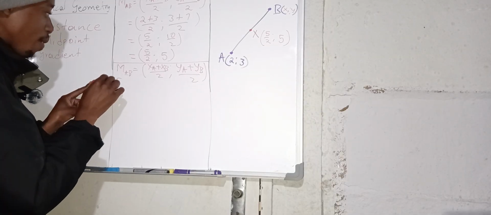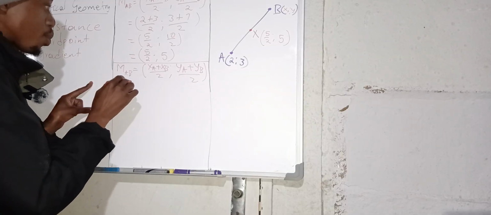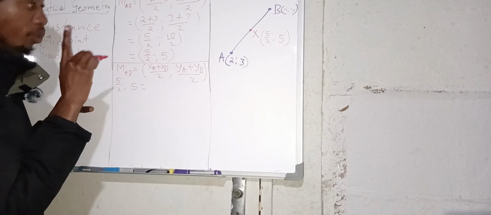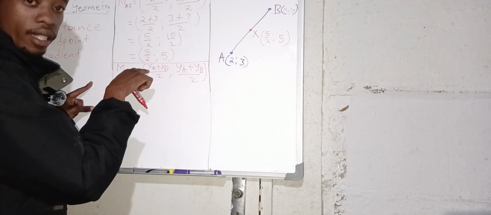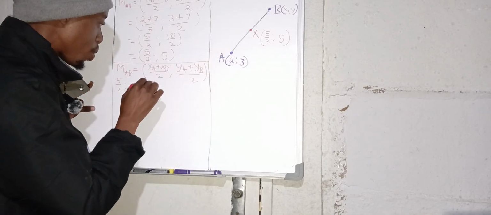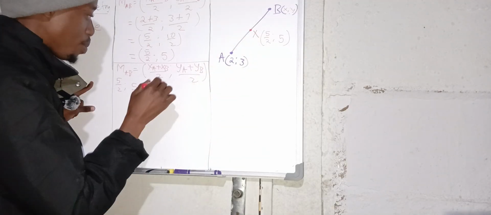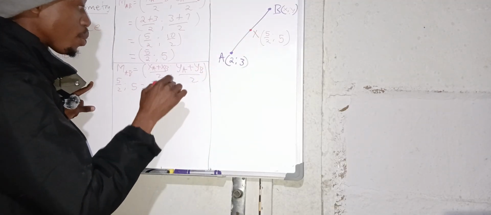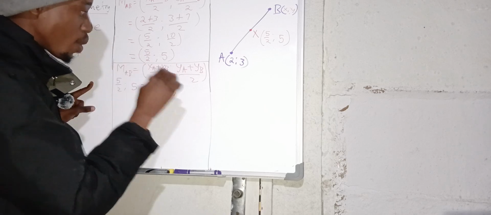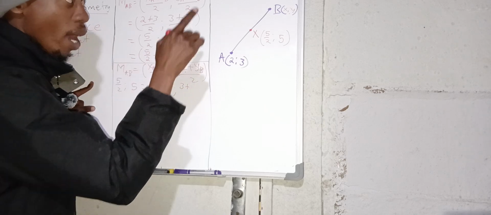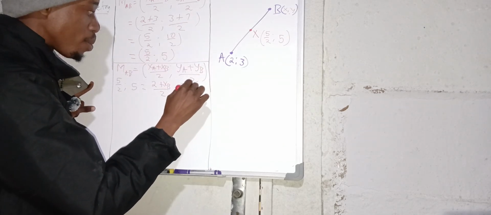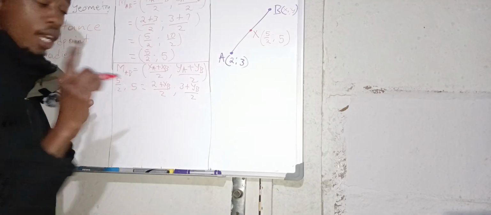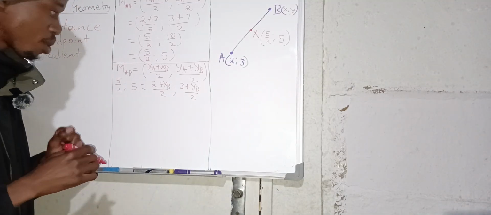So I'm going to write 5 over 2 is to 5 equal to, now we do have XA, which is 2, so I'm going to say 2 plus XB all over 2, is to, we do have YA, which is 3, plus YB all over 2. Let's pay attention to details.